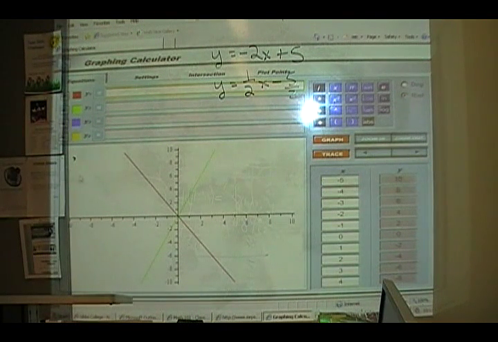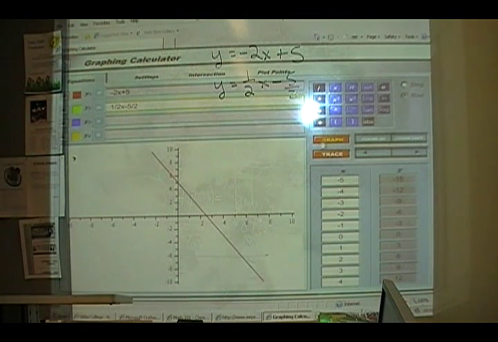We said the first one, y equals negative 2x plus 5. And the second equation is 1/2 x, so 1 over 2x minus 5 over 2. And we'll graph it.